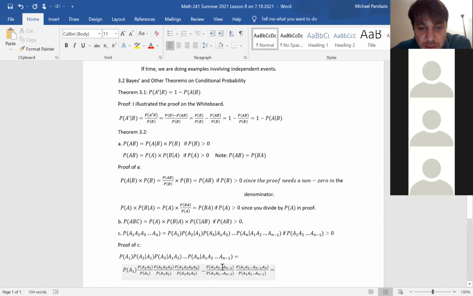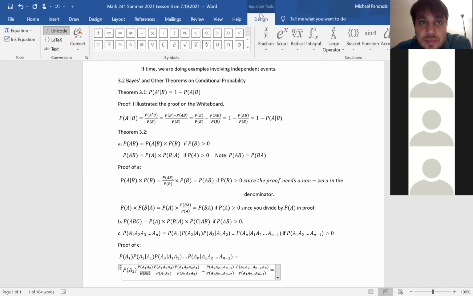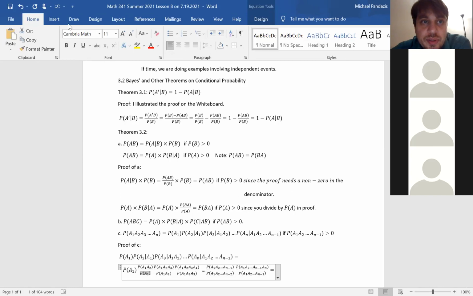So all the terms would cancel except for two terms, this term and this term. See how there's a diagonal cancellation? The two blue terms are the only ones left that would not cancel in this product.